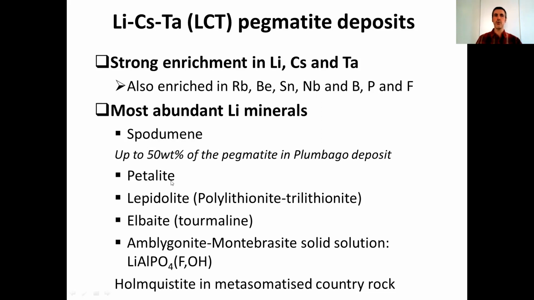We can find also petalite, lepidolite, elbaite, a tourmaline mineral, and we can find also phosphates of the amblygonite-montebrasite solid solution. And finally, in the metasomatized country rock, the host rock of the pegmatite, we can find holmquistite.